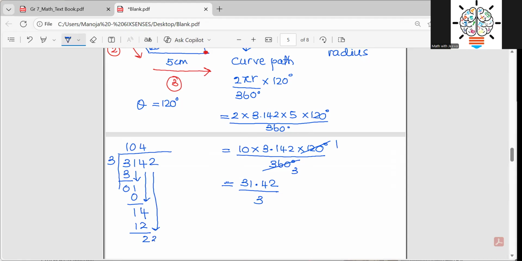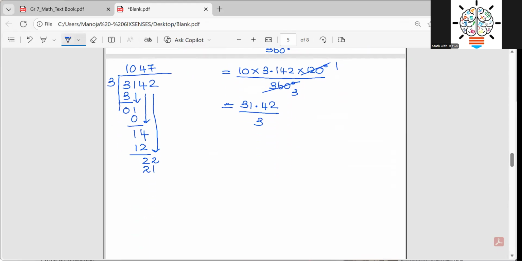That becomes 22. 3 times 7, 21. And then you have 1 remainder and you take an imaginary 0, put the decimal, and it is 3 times 3, 9. Now you know what happened, right? 3 times 3, 9 and 1 and 10, again it is 3. That means this is recurring.